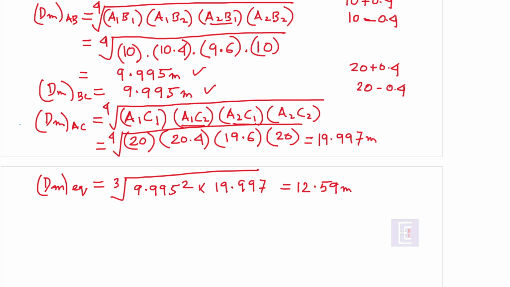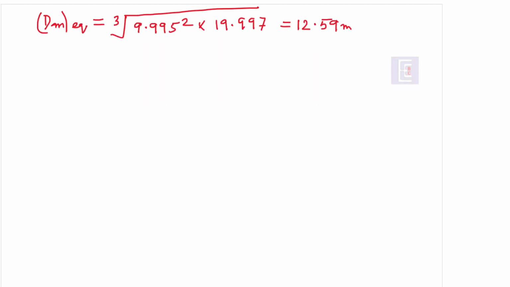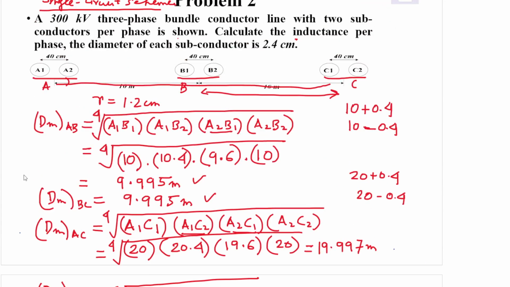Now when you calculate the Ds for this geometry, the self distance for A, self distance for B and self distance for C will be exactly the same. Why? Because if you evaluate A1 to A2, these are the self distances.